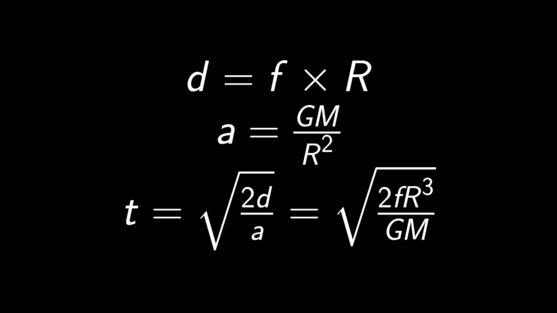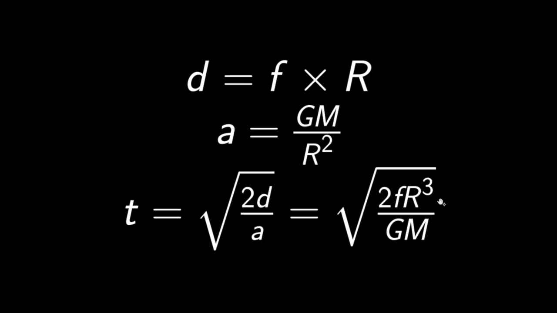All we have to do now is put everything together and plug everything in. So d gets replaced with f and r, and we flip the a, GM over r squared, upside down, so the r squared comes up to the top and the GM is on the bottom, and the r squared and the r from d combine into r cubed.